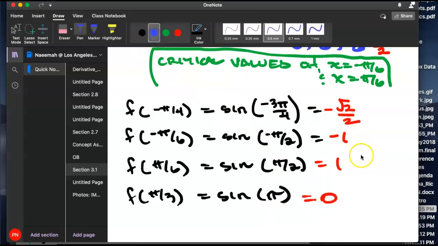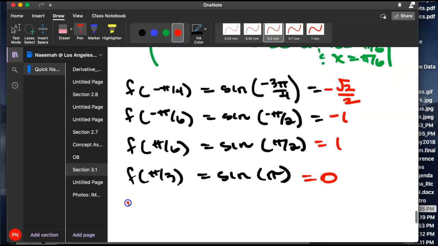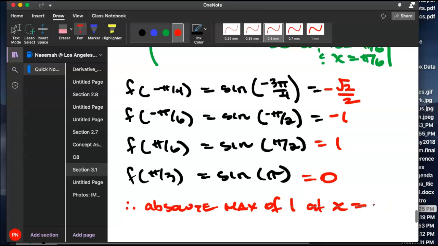So this is going to illustrate that you do need to get an approximation of this, which is a negative 0.707, but negative 1 is the smallest, and then 1 would be the largest. So we would say, therefore, we have an absolute max of 1 at x equals positive pi over 6.